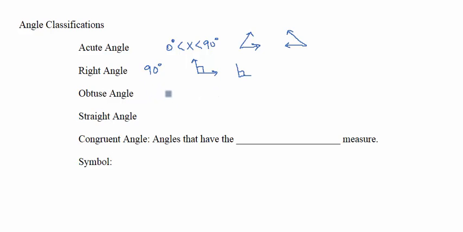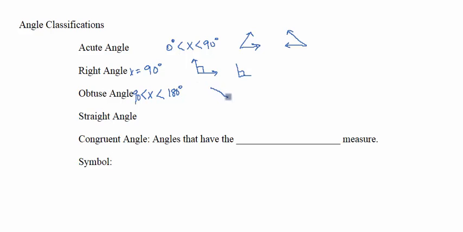An obtuse angle is an angle who has measurement greater than 90 and less than 180 degrees.